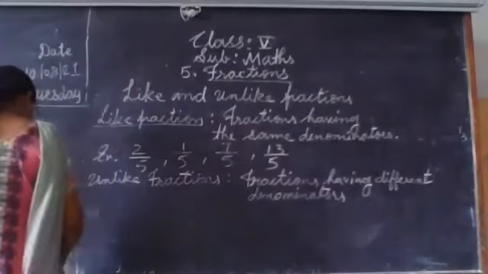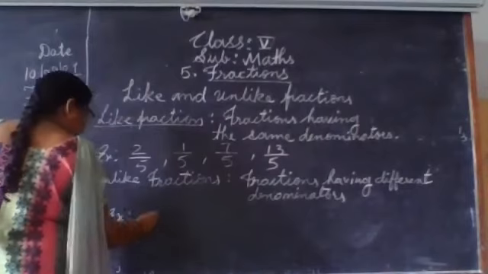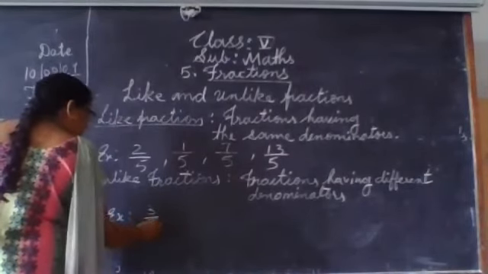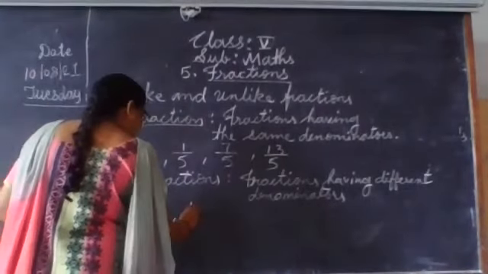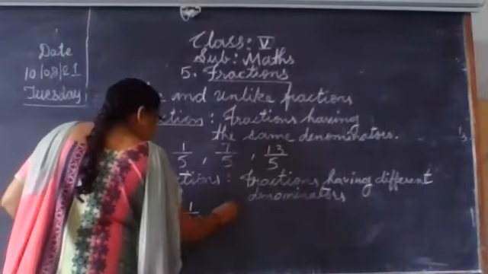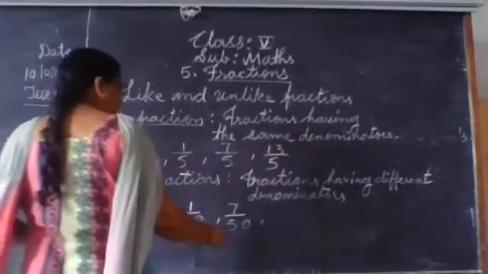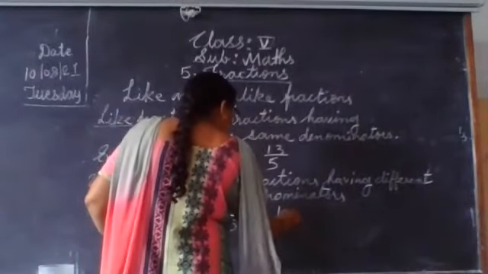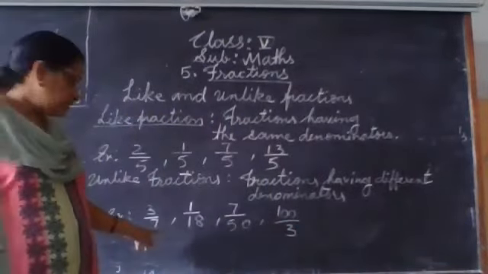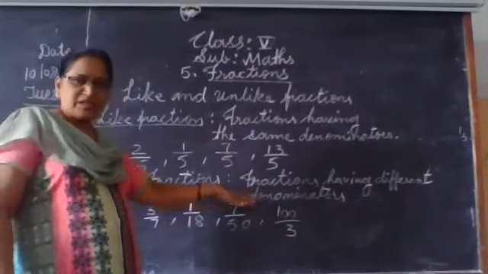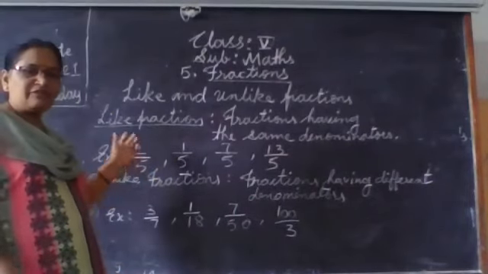For example, see 3 upon 7, 1 upon 18, 7 upon 15, 100 upon... Now see children, 7, 18, 15, 3. All these fractions have different denominators. Therefore, they are unlike fractions.